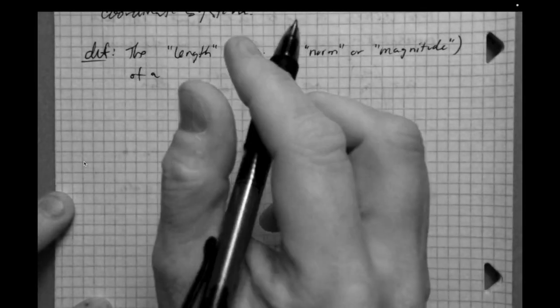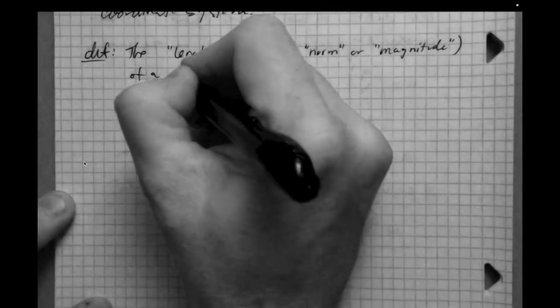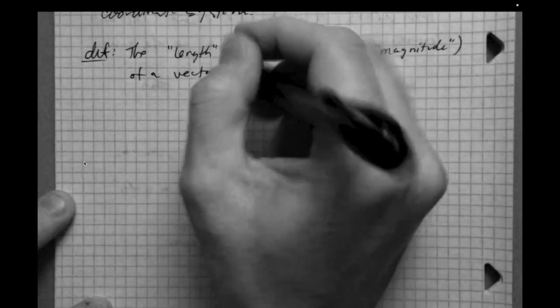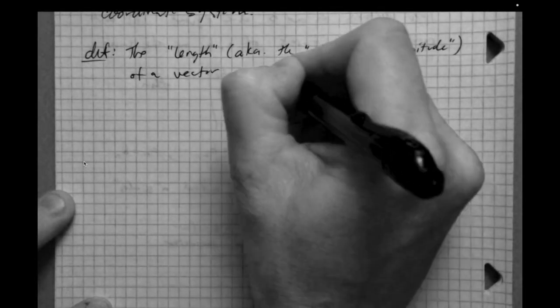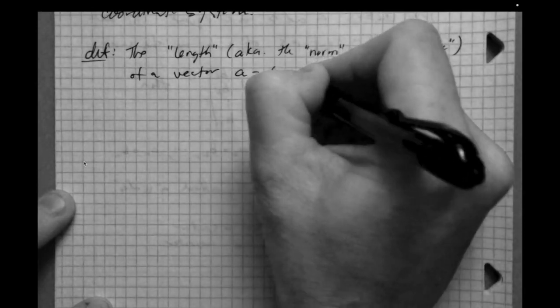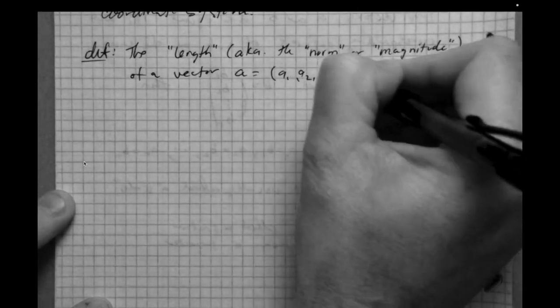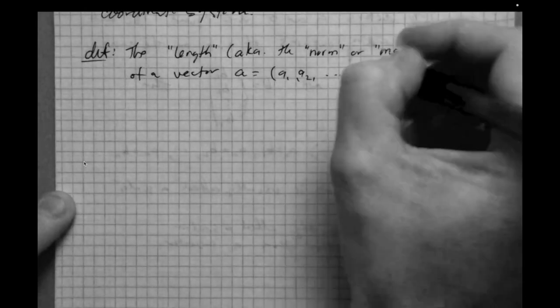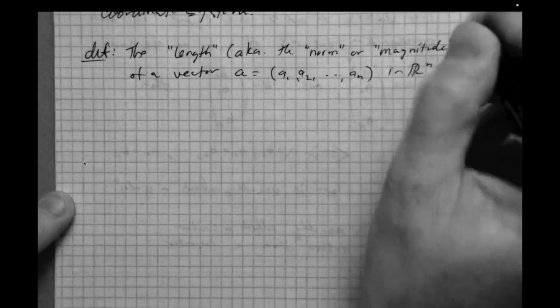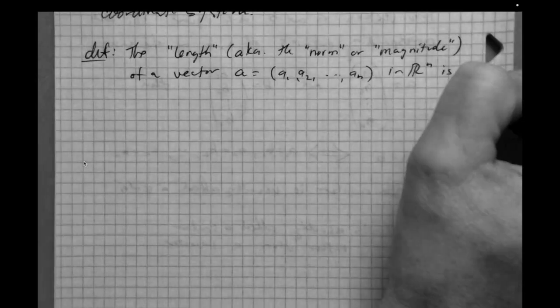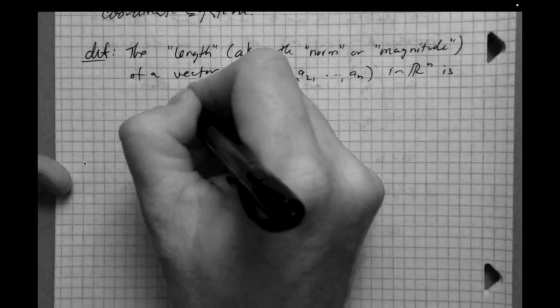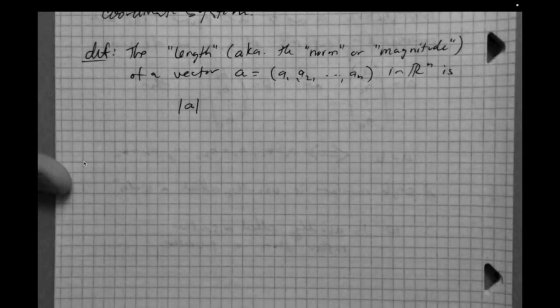So the length or norm or magnitude of a vector, and we'll say the vector is equal to a1, a2, dot, dot, dot, an, so an n-vector in Rn. Right? How do we define the length or the norm? Well, it could be denoted like this, right?